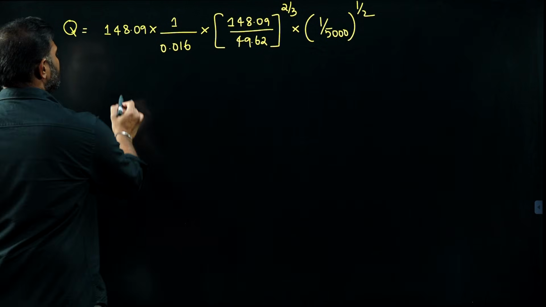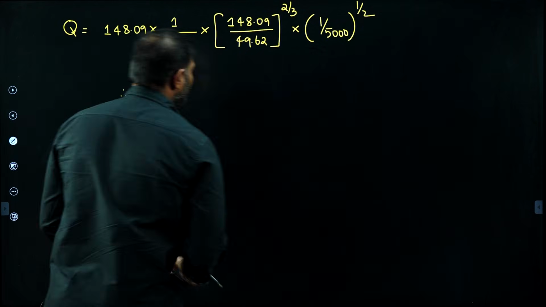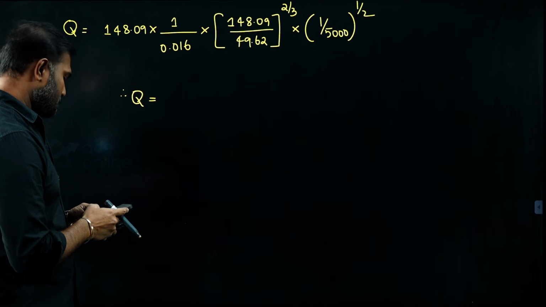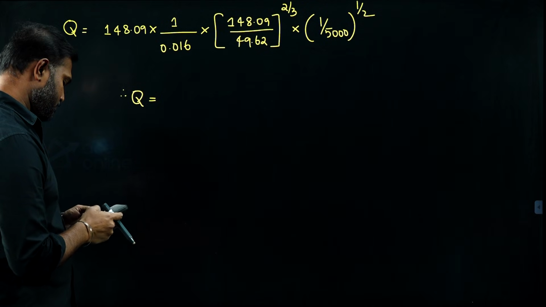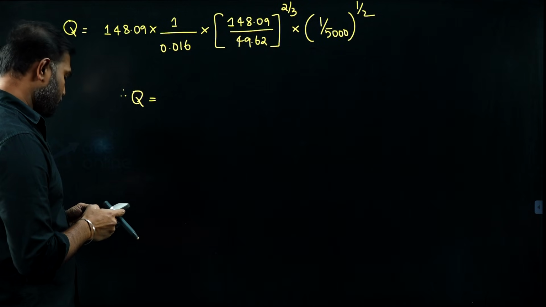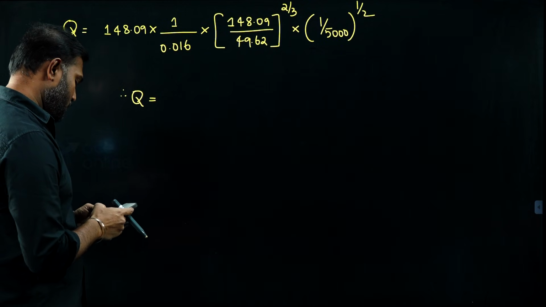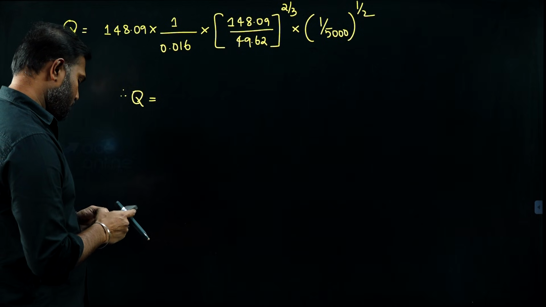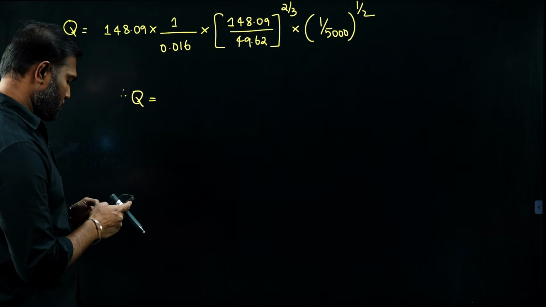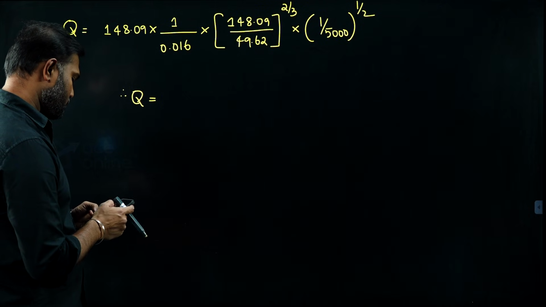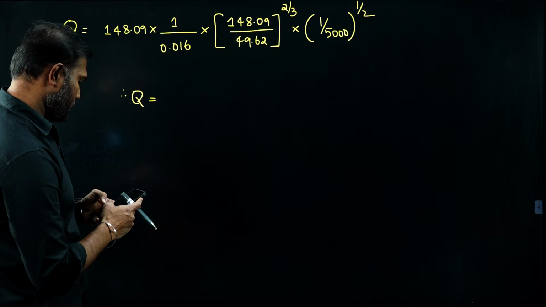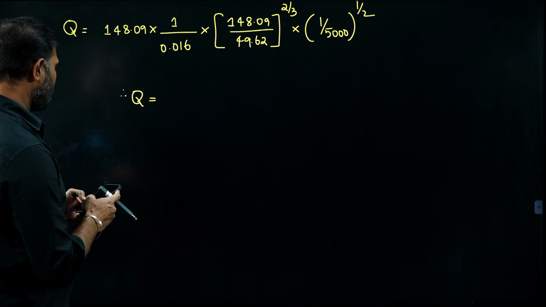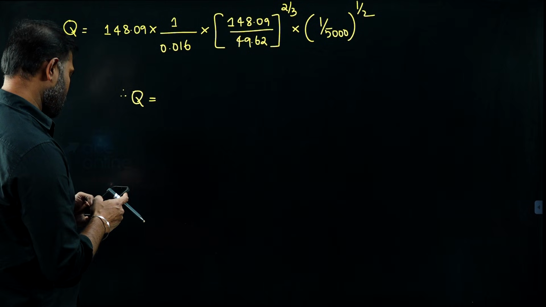So now you solve this. 148.09 by 49.62 whole power 2 by 3 into 1 by 5000 whole power 1 by 2 into 148.09 divided by 0.016.